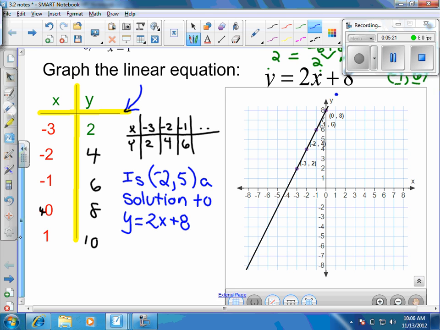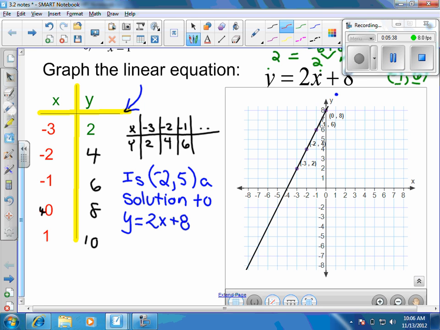No. You're going to say no. That's correct. It's no. Why? Because 2 times -2 is -4, and like what Skylar was saying, it doesn't fall on the line.